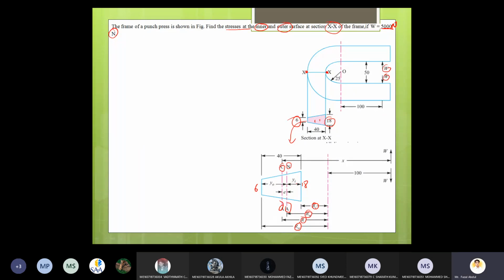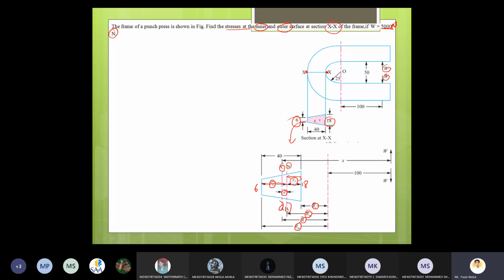And what is h_i here? h_i or y_i, same meaning, Babu. What is the meaning of h_i? It is the distance from the inner surface to the neutral axis, from here to here, that is y_i. y_o means from the neutral axis to the outermost layer, and e is the eccentricity, the distance between these two, right?